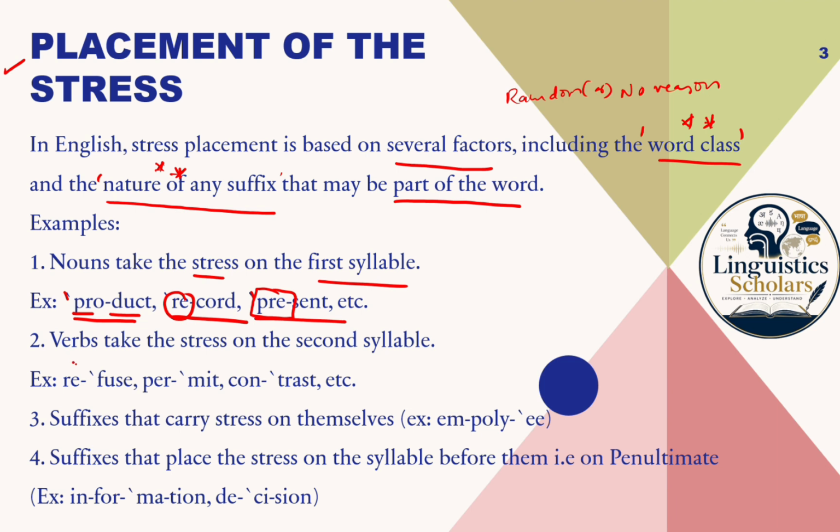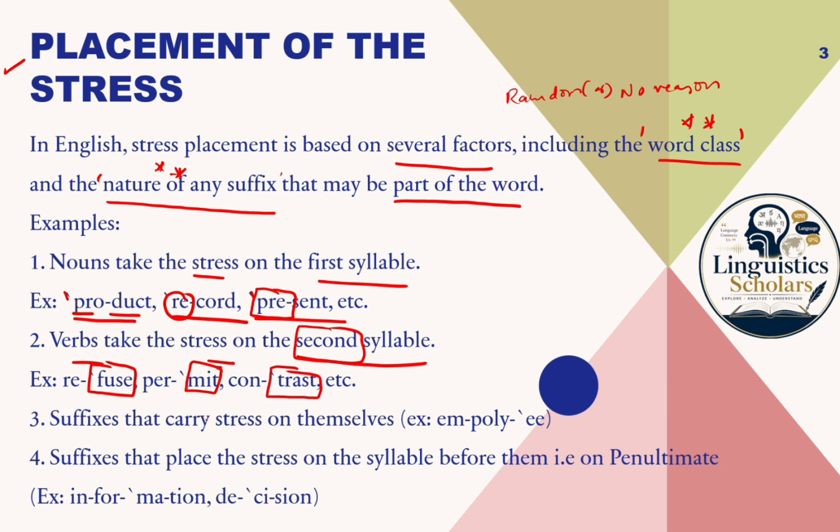But verbs take stress on the second syllable. As you can see here, in the verb refuse, the stress falls on the second syllable. In the verb permit, the stress falls on the second syllable, that is mit. In the verb contrast, the stress falls on the second syllable, that is trast.